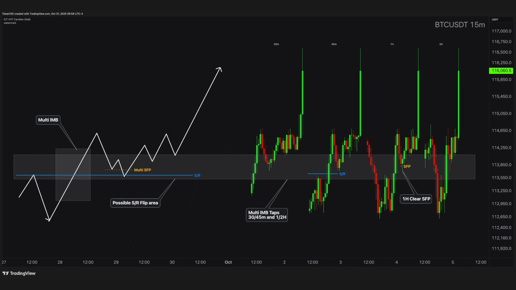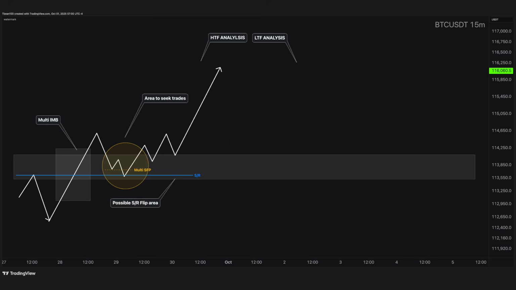Again, we have three solid price action signals coming together in one single area. That gives us a really nice trade zone where we can start to look for opportunities on the lower time frames. Alright, so that covers the higher time frame analysis.